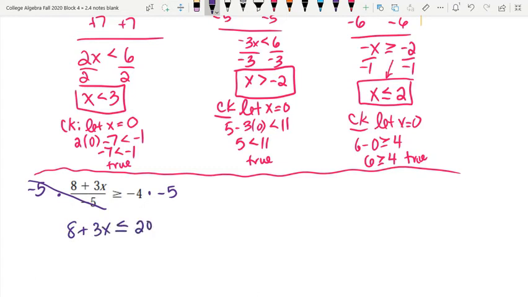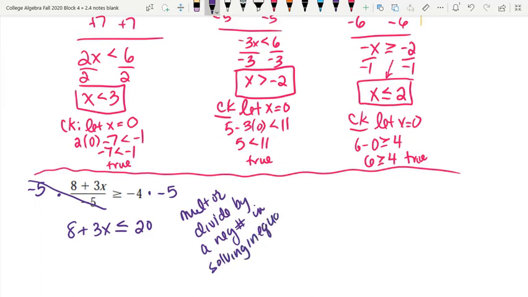So flip the sign when you're multiplying or dividing by a negative. You flip the sign.